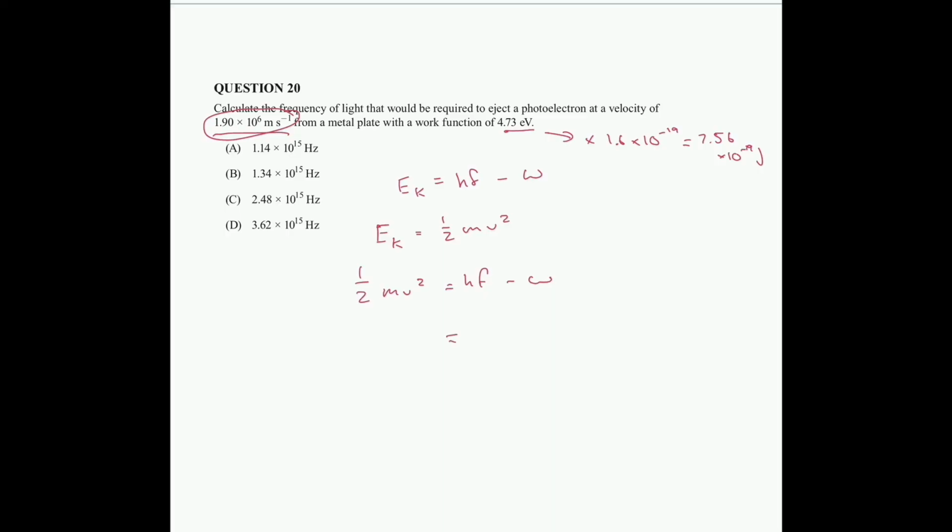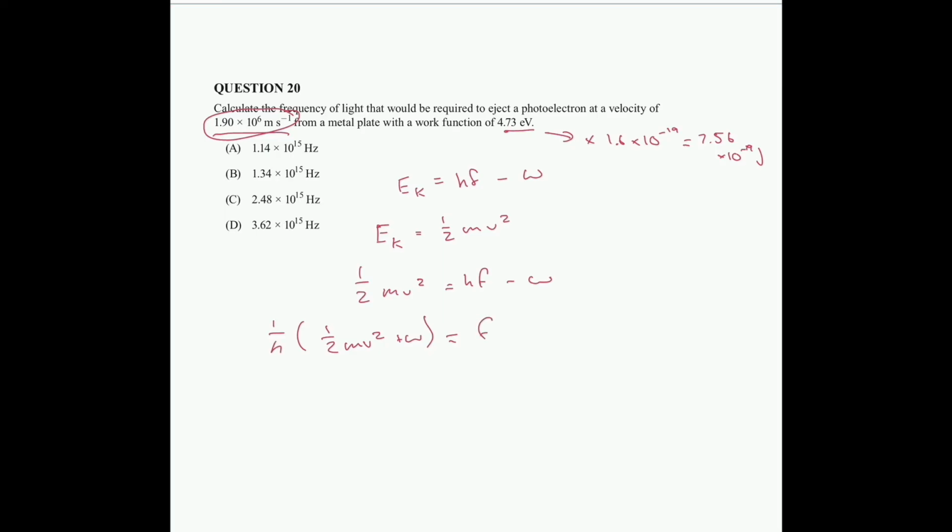So I'll move the W over first. I get 1/2 mv squared plus W. Then I'm left with hf, so I want f by itself, which is our frequency of light. So I'm going to divide this all by Planck's constant, and we get left with the frequency.